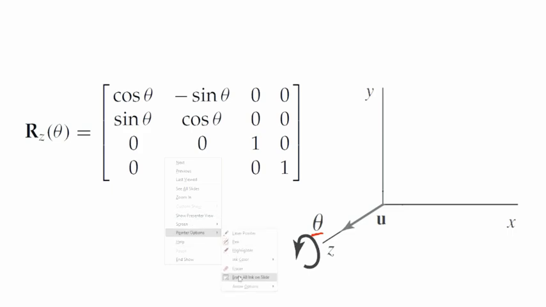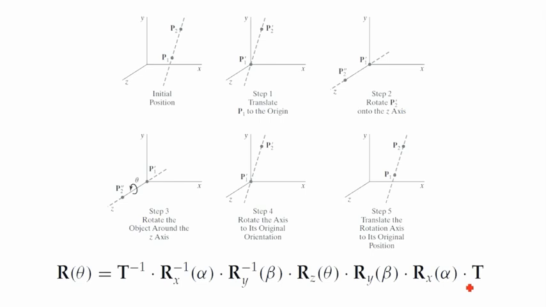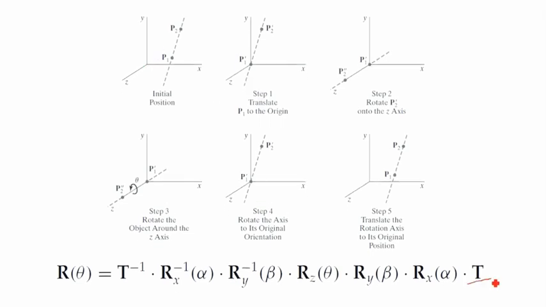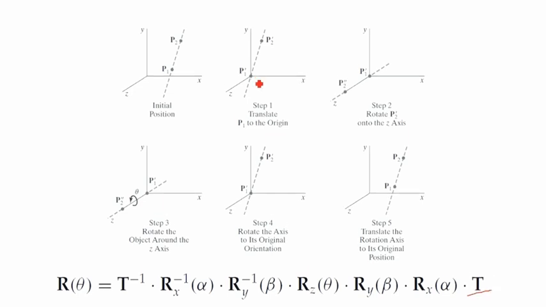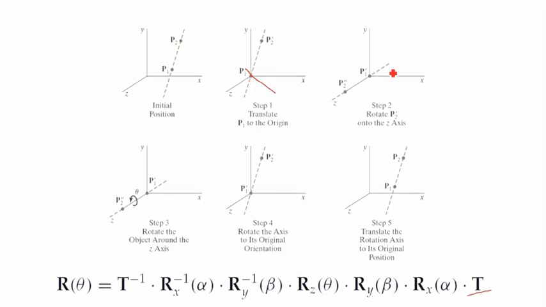The steps we do are: we apply translation to bring it onto origin. Then we apply rotation around x-axis, which brings this axis onto xz plane, and then we rotate it around y-axis, which brings the axis onto z-axis.